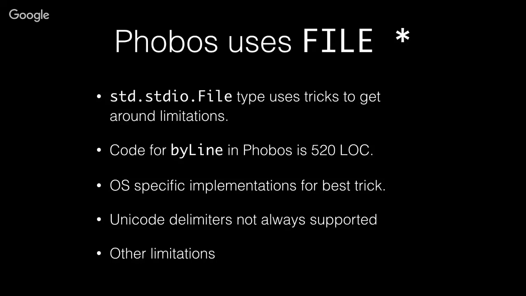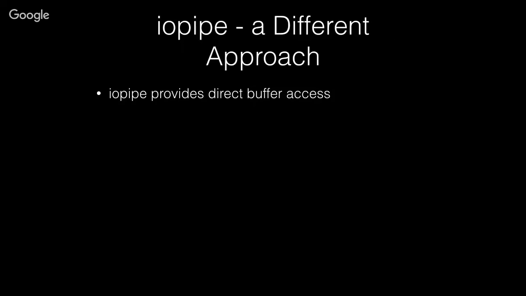All right. So iopipe, which is my library, takes a different approach. So we provide direct buffer access. We don't hide anything. You want access to the buffer. That's actually the interface. There's no give me the first character or whatever. There's no actual stream position inside your buffer. It's just here's the buffer. So you still have a specified buffer.